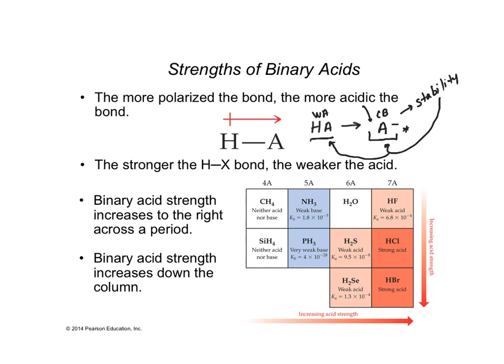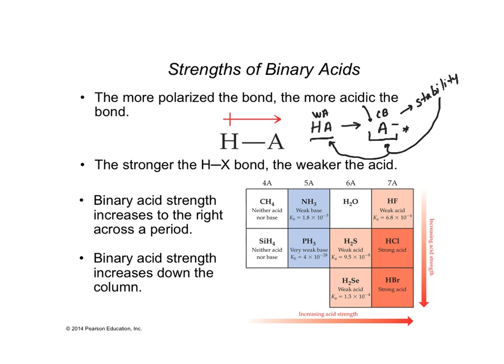Who is the most electronegative element in the periodic table? Loves electrons. Can't get enough of them. Fluorine, right? So fluorine is the most electronegative element in the periodic table. Who is the least electronegative element in the periodic table? Right, this guy down here, francium, okay?